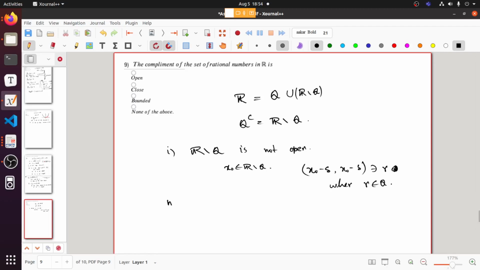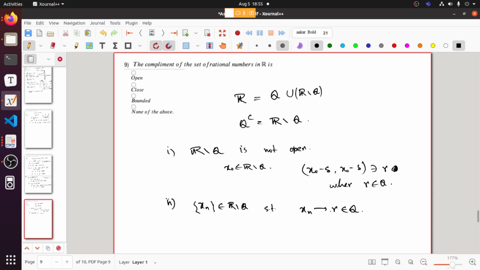Can anybody say it? Is R minus Q closed? It means you have to say that all the limit points are there, right? But you can always find a sequence xn in R minus Q such that xn converges to a real number, or a rational number.